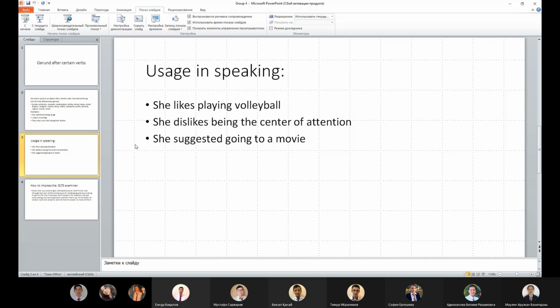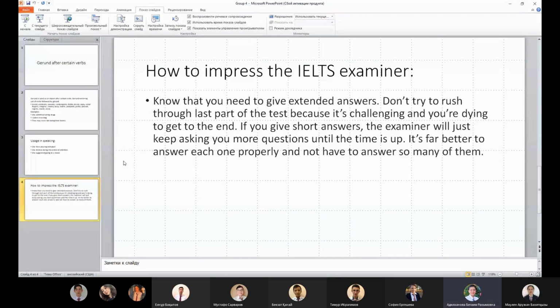And last part, how to impress the IELTS examiner. It's more about the last third part of speaking. Know that you need to give extended answers.